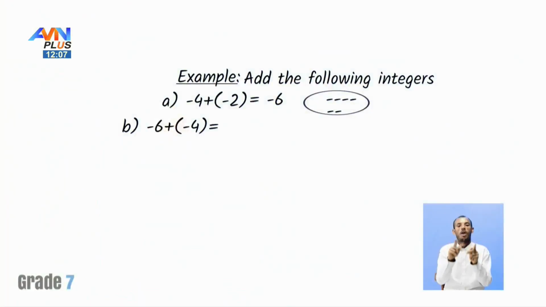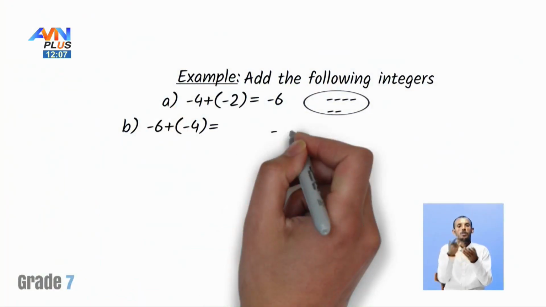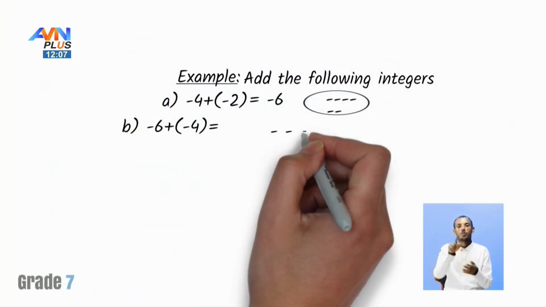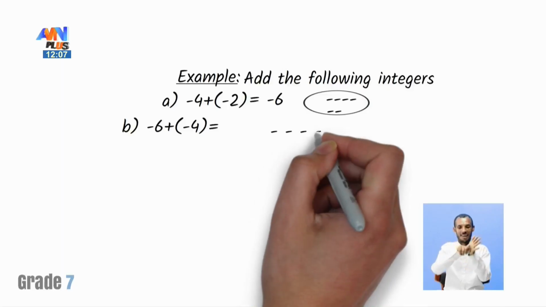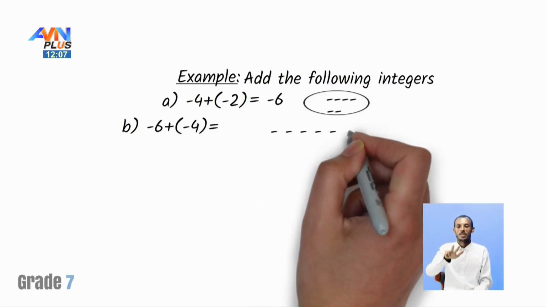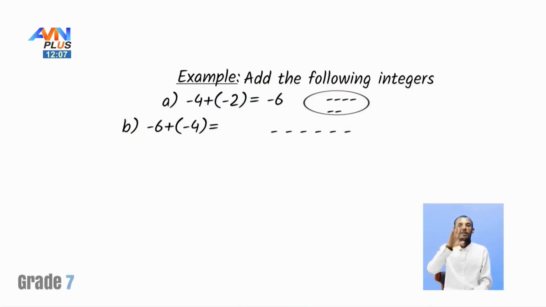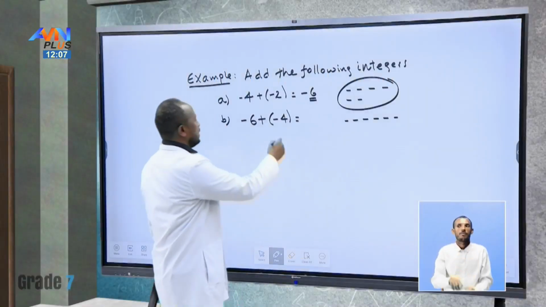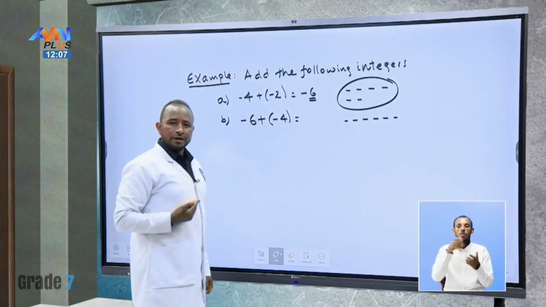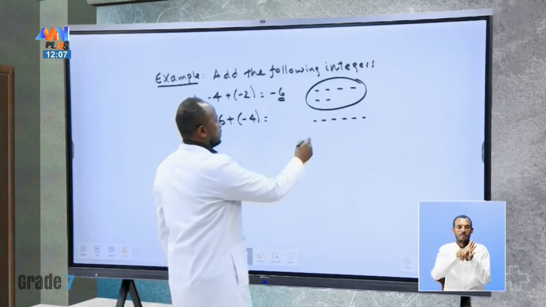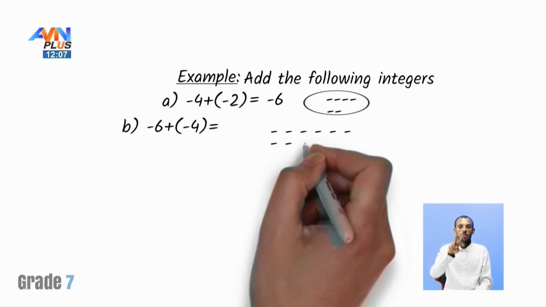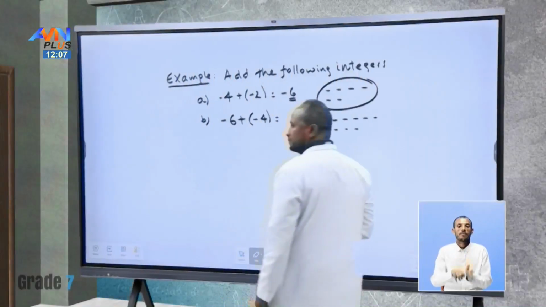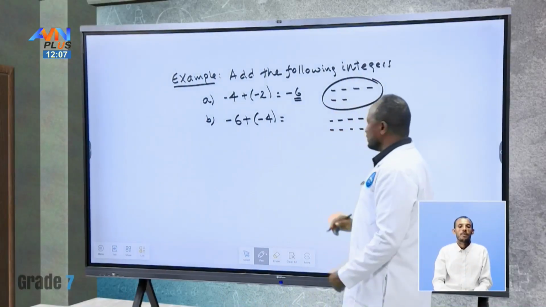Okay, here, to add these two, you have 6 negatives. 1, 2, 3, 4, 5, and 6. Again, you have 4 negatives. So, 1, 2, 3, 4 negatives. So let's count.